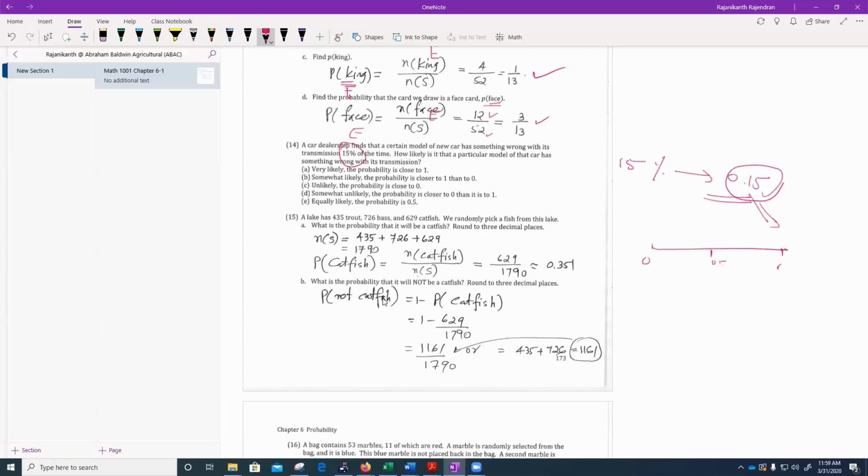This is 0.15. Where is it? Is this very close to 1 or 0? Are you sure? No. Where is 0.15? 15 means 15, right? 0.5 means 0.50, 50. So 15 is, of course, going to be here, somewhere.